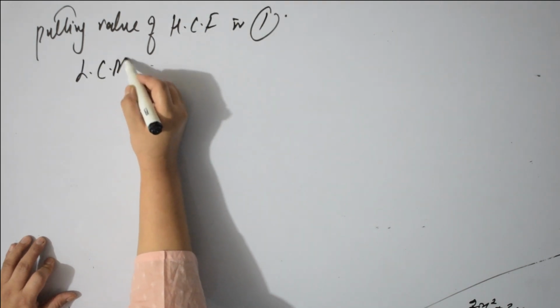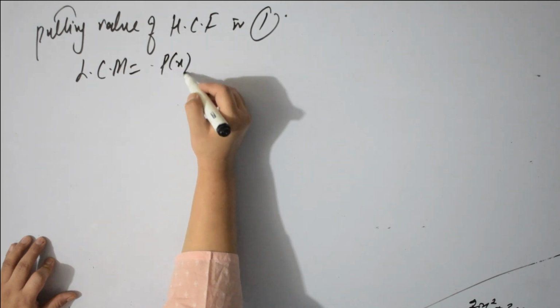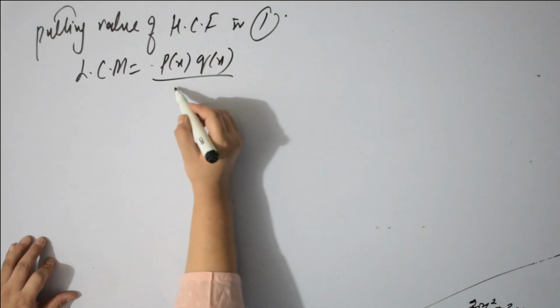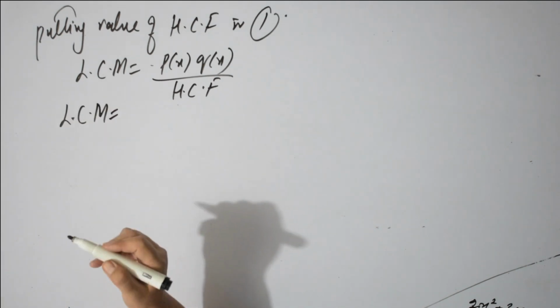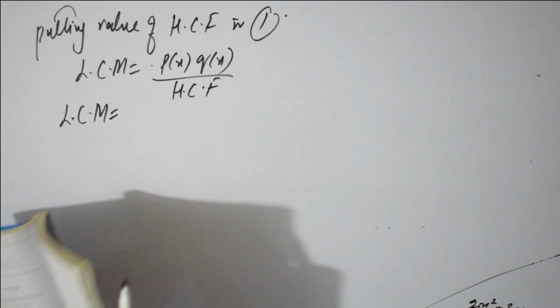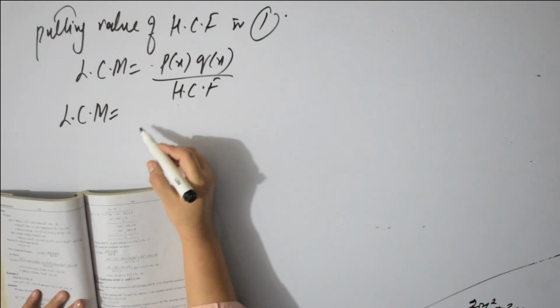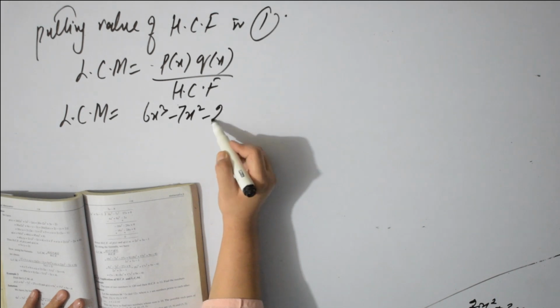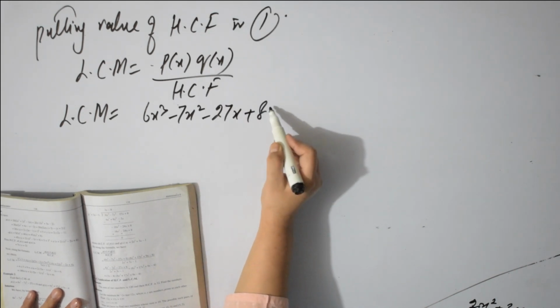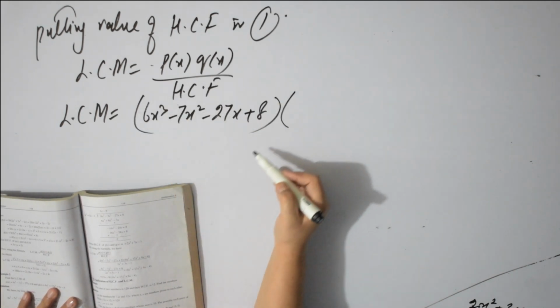1 was LCM is equals to P of x into Q of x divided by HCF. Now I am going to put all the values. P of x was 6x cube minus 7x square minus 27x plus 8. And what is my Q of x?